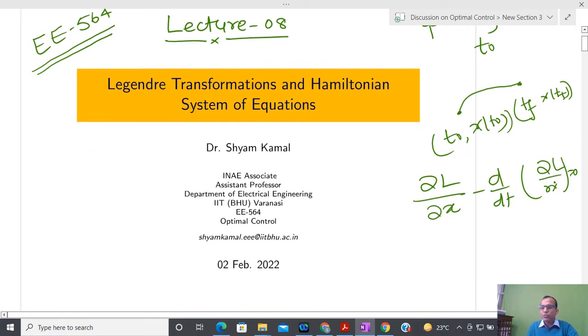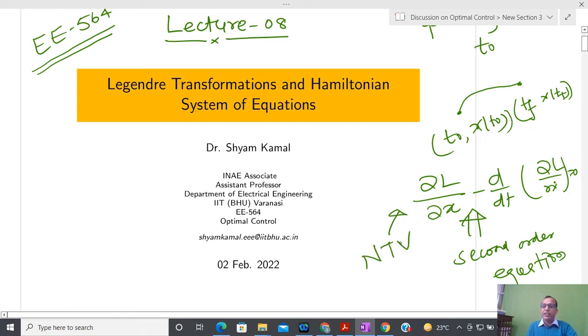If you solve this equation, and x belongs to R, then I have a second order equation, and this equation may be a nonlinear time varying differential equation. Sometimes the solution of this equation is very complicated, most of the time I have to say that.